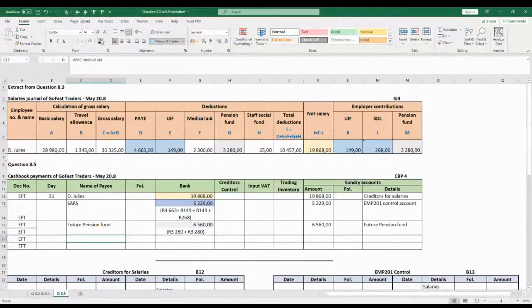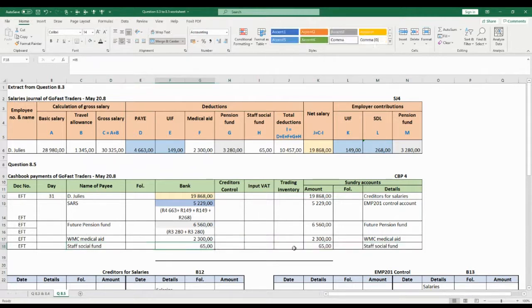Then we've got our medical aid, which is WMCA medical aid, and that amount would be 2,300. Because we don't have a column for that, we also take it to the sundry accounts, but take it to the WMCA medical aid account. And then the last one is your staff social fund, which is 65 rand, and that would also go there.